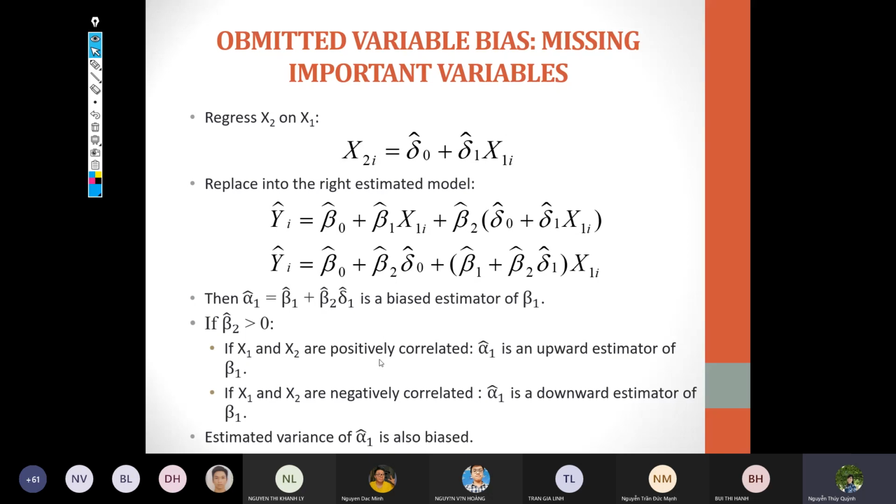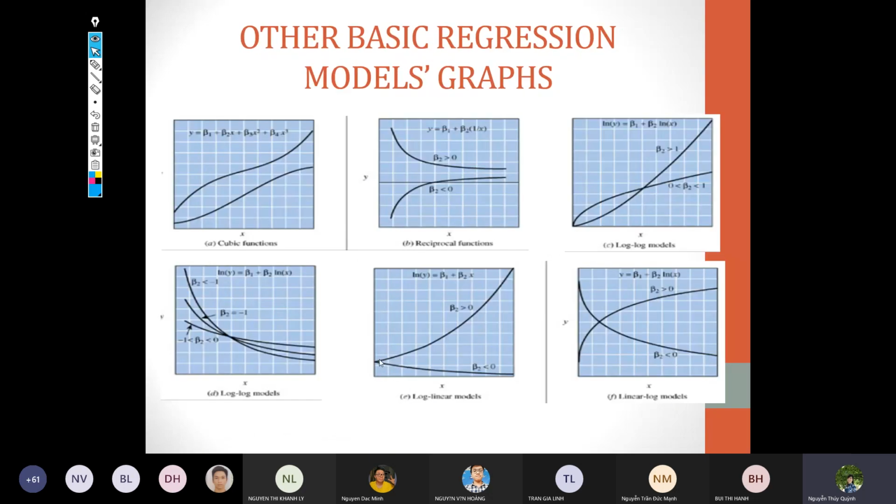All right, so we have just talked about determining important variables of the model. There's another thing about the correct specification of the model, that is the correct functional form of the model.